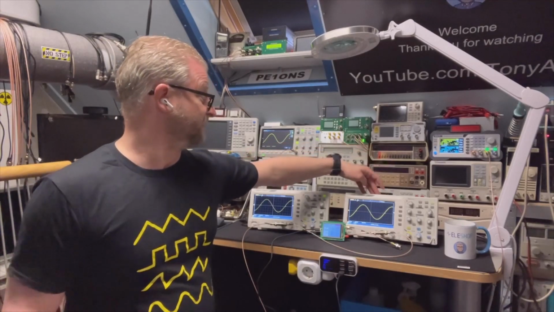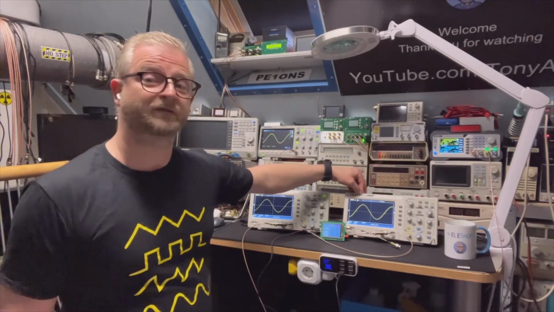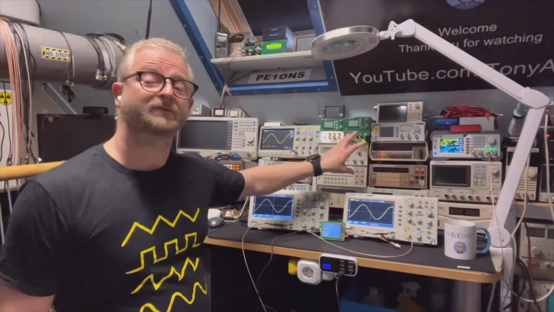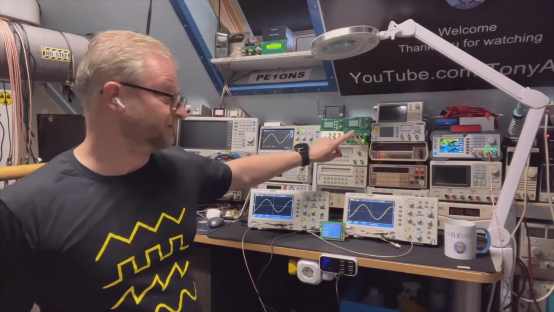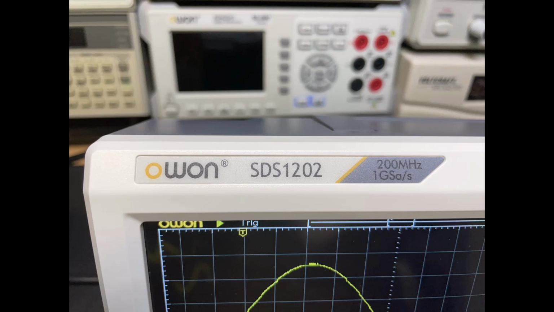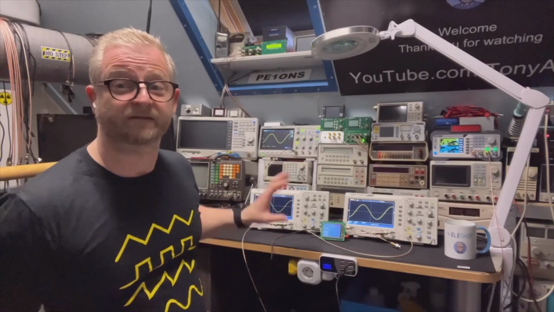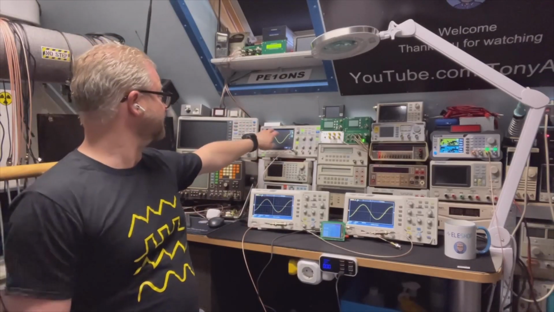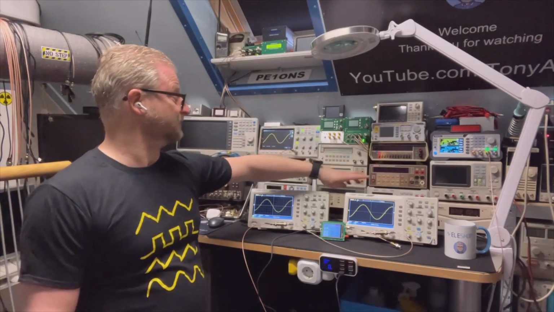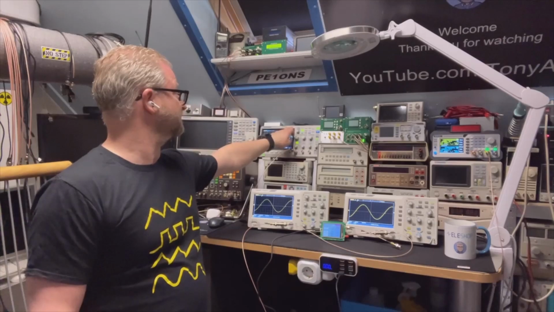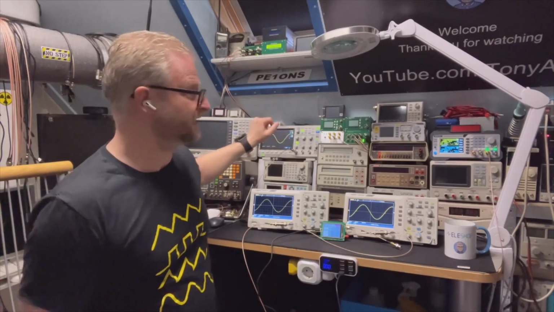And I also have here the O1 SDS 1202. That is 200 megahertz with 1 giga samples per second. And as a comparison, I also have my Sigland SDS 1202, and that has the same specs as this one, 200 megahertz and 1 giga samples.